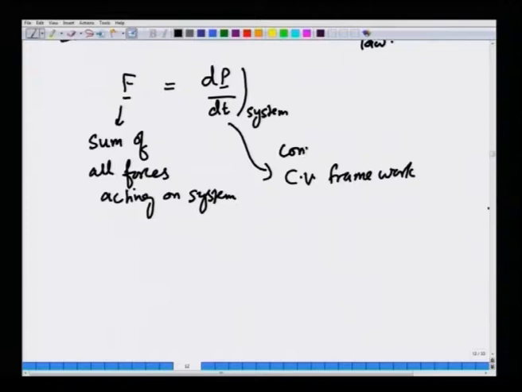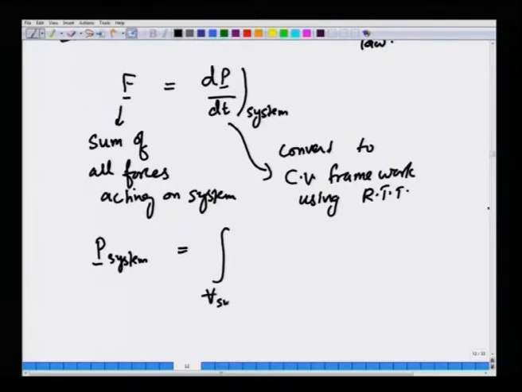You have to convert this to the control volume framework using Reynolds transport theorem. Okay. And in order to do that, first we have to say what is P system. The momentum present in the system is the integral over the volume of the system of rho times velocity dV.